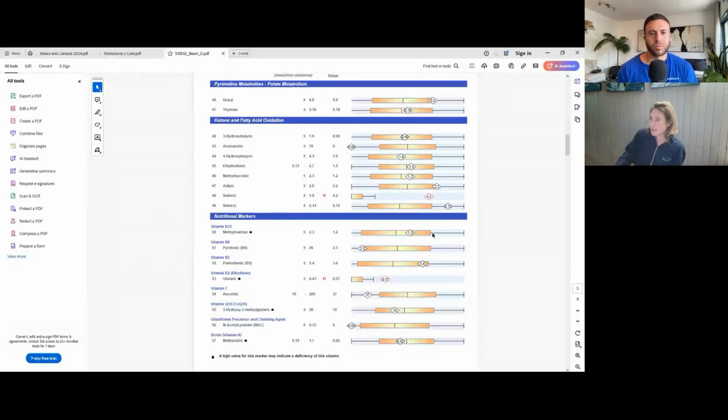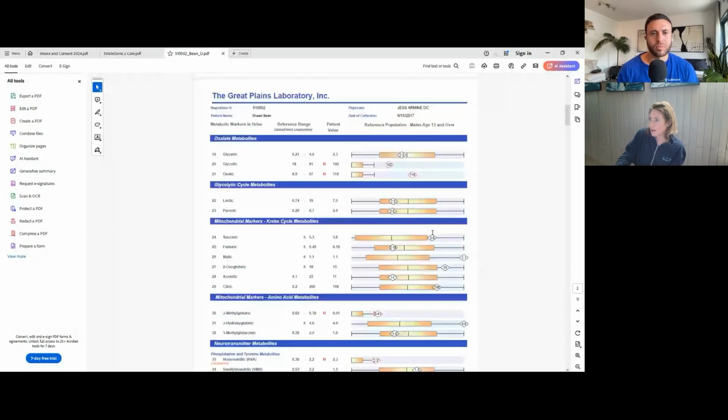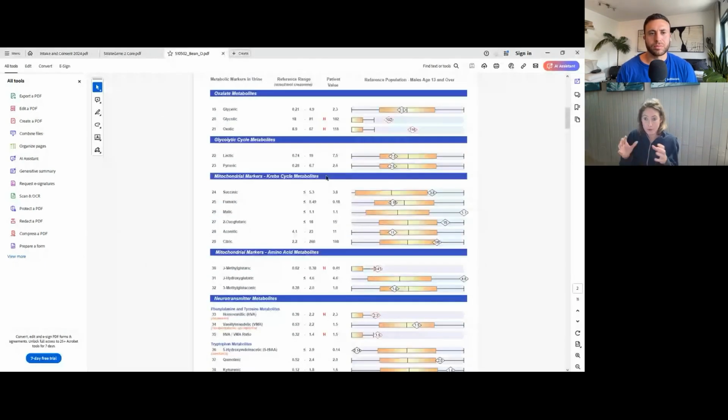So maybe when I see the high lactic acid here, I'm not just going to give them creatine, and I'm not just going to look at the energy cycle metabolites. I may actually look at methylation as an area to focus on, because of all of these different signs and patterns I'm seeing pointing towards that. So again, not everyone's going to get the same treatment, and it may depend on some of the other markers and what I do there.